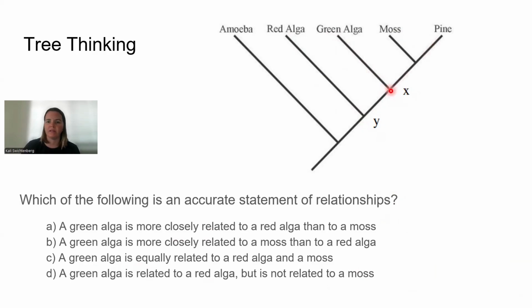That is incorrect because they share different last common ancestors. And lastly, green alga is related to red alga but is not related to a moss. Green alga is, again, more closely related to moss and pine than it is to red alga. So this is a general example of tree thinking, reasoning our way through the tree in order to figure out who is more closely related between our taxa.